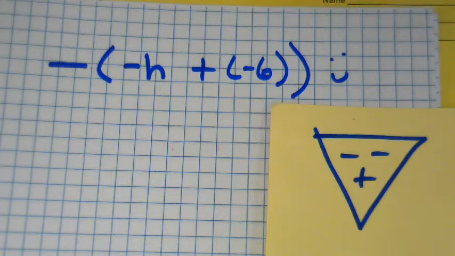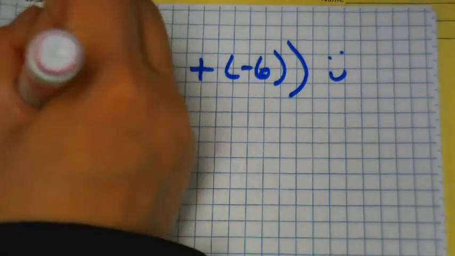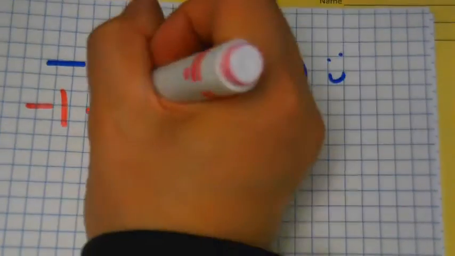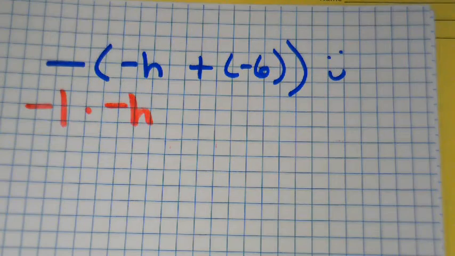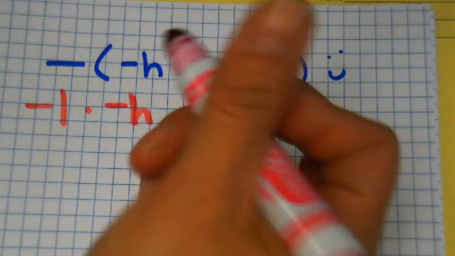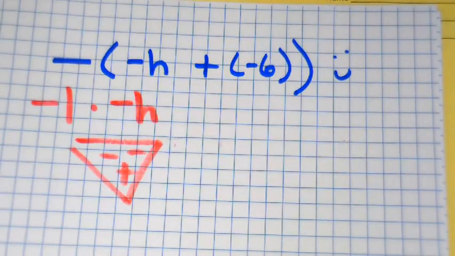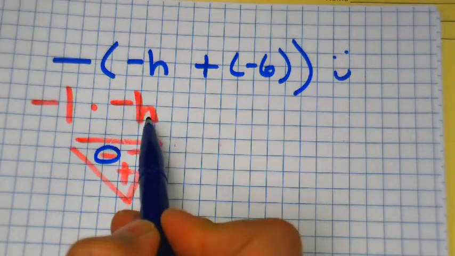What am I distributing? -1. So it would be -1 times what? -H. -1 times -H. What? If you use a Dorito Man here, this one's a negative, this one's a negative.